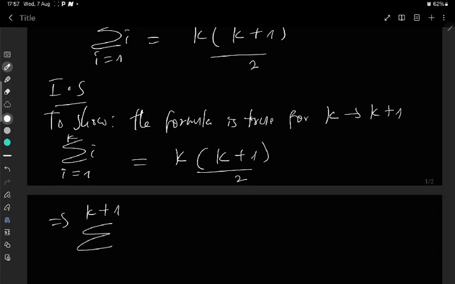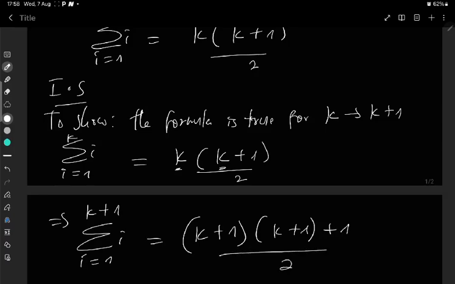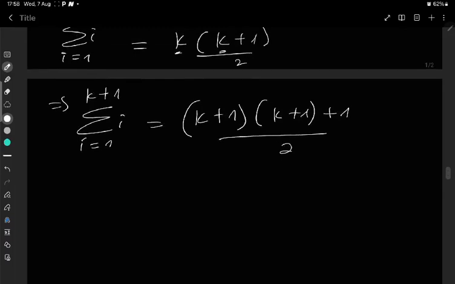So we have the sum of i beginning from 1 to k plus 1 is equal to k plus 1, so we are replacing this k now with k plus 1. Then we replace this k again with another k plus 1, plus another 1, all over 2.